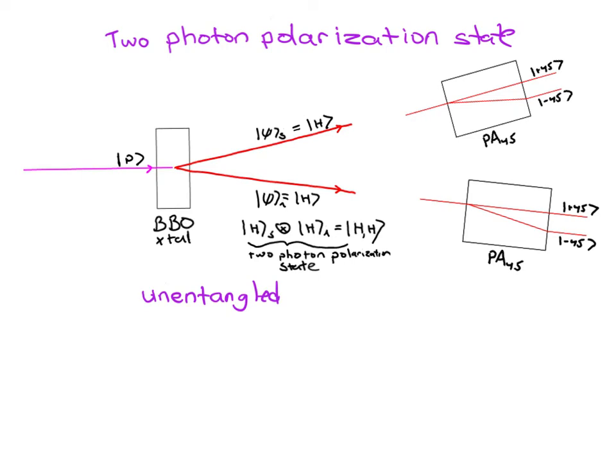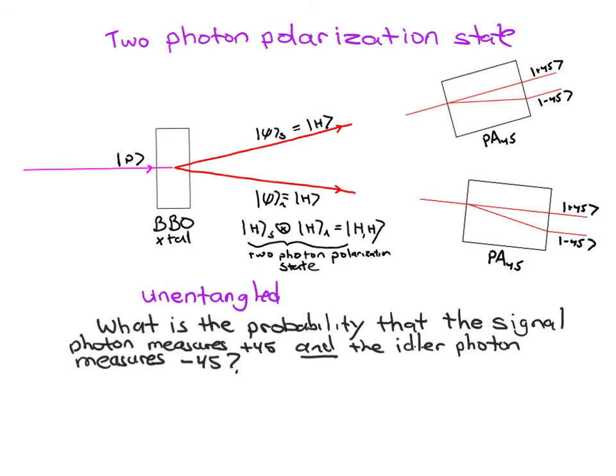So a photon comes in and it either comes out the plus 45 or the minus 45 port, and I place one of these analyzers in a position to measure the signal photon, and the other analyzer I put in a position to measure the idler photon.